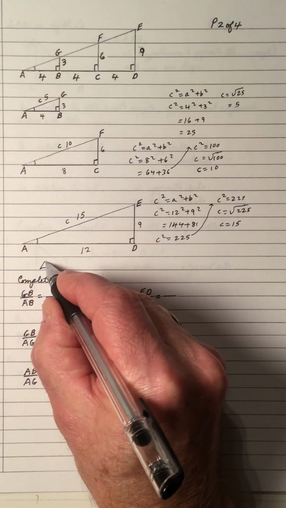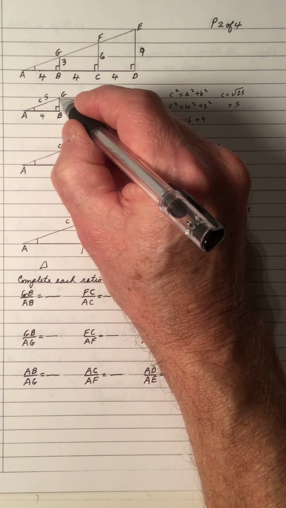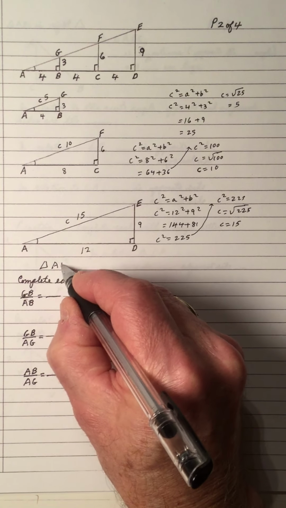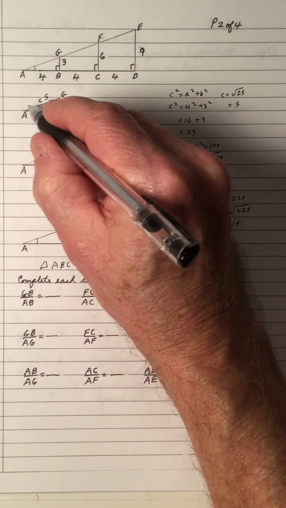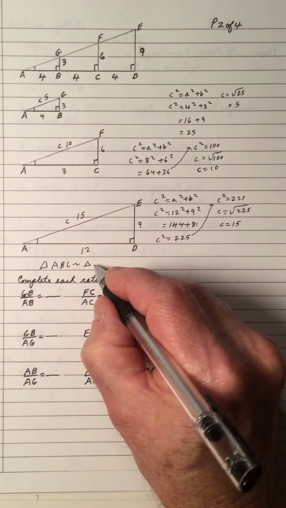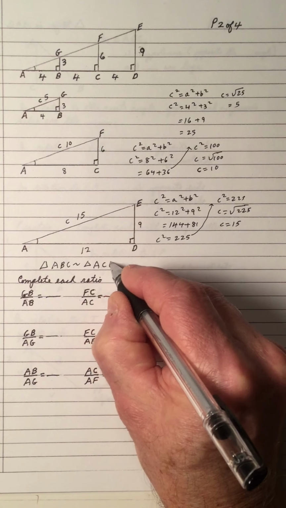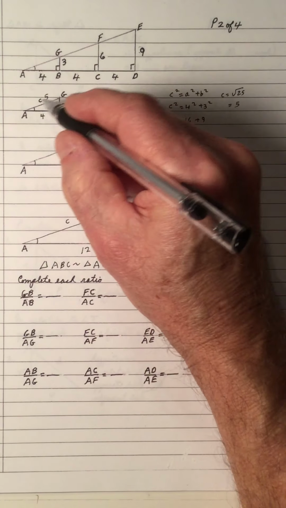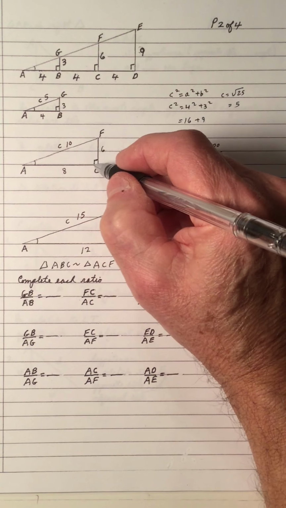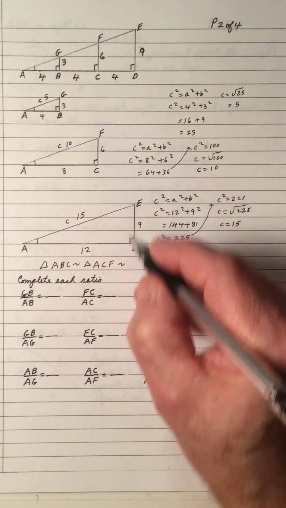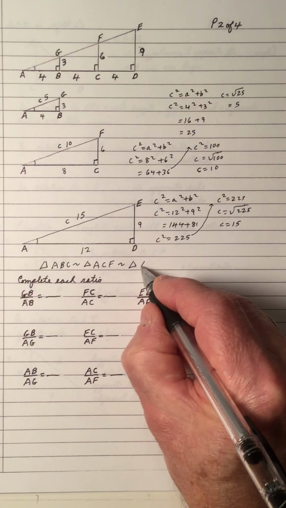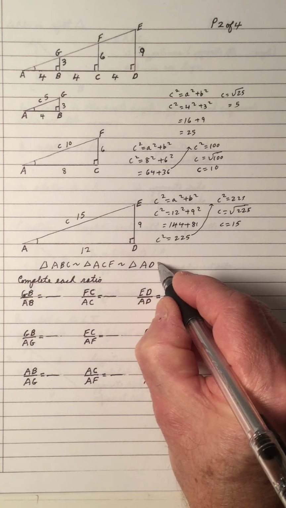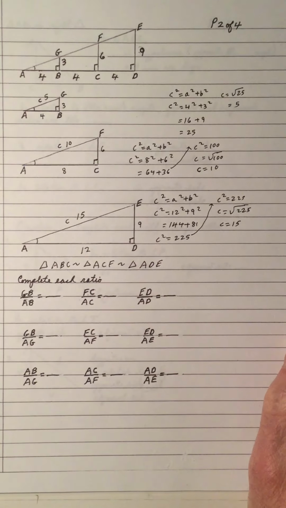So triangle ABG is similar to ACF. Notice that A goes with A, B goes with C, so therefore G goes with F. And triangle ADE. So all these triangles are similar to each other.